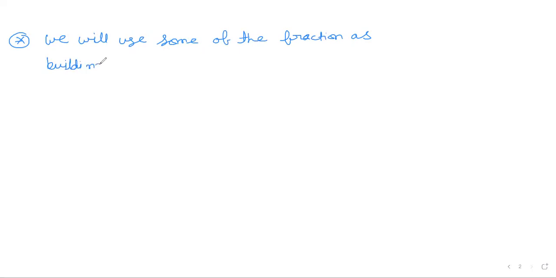Here I'm writing some values, and you have to remember we will use some of the fractions as building blocks to correlate several other values, right?